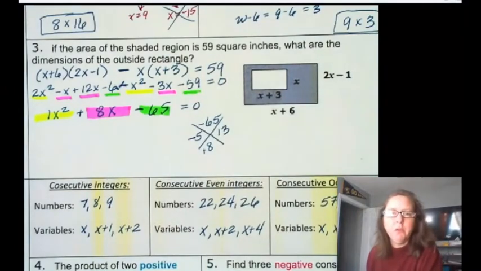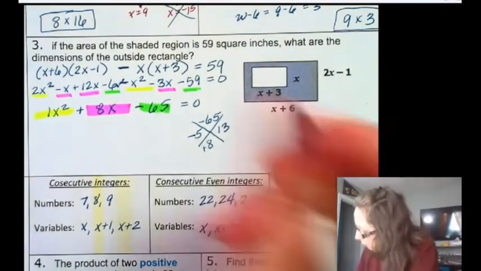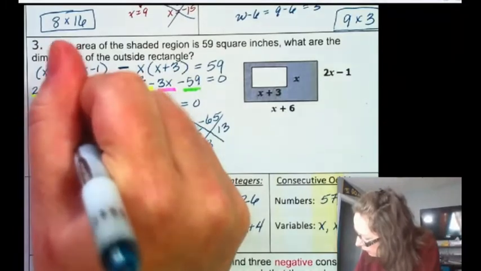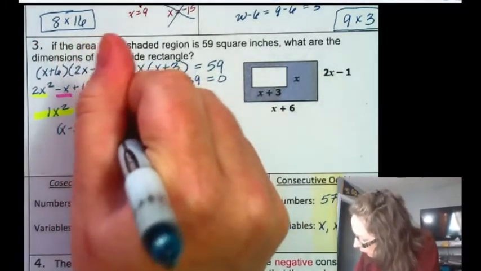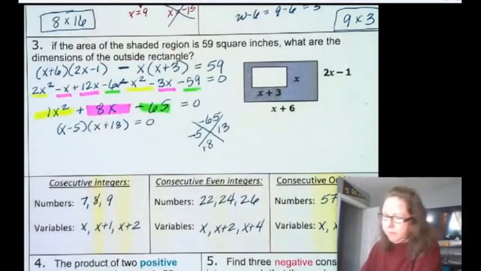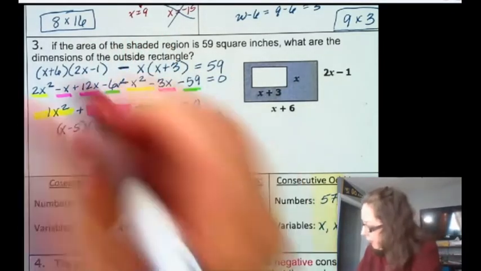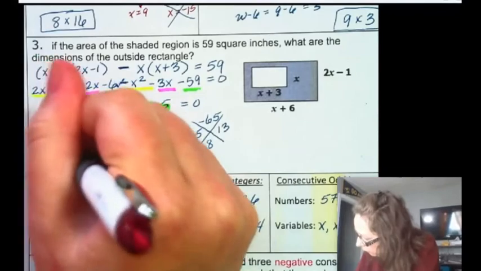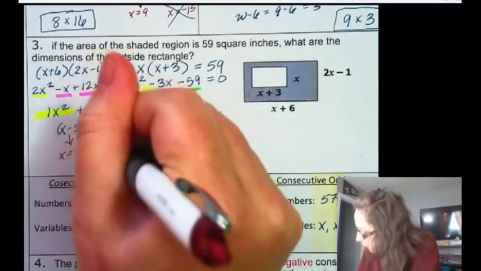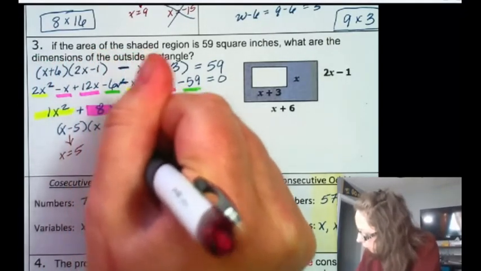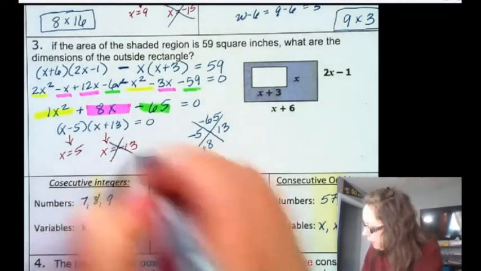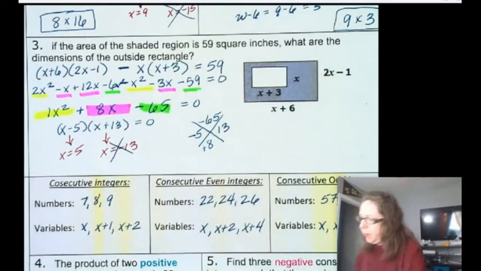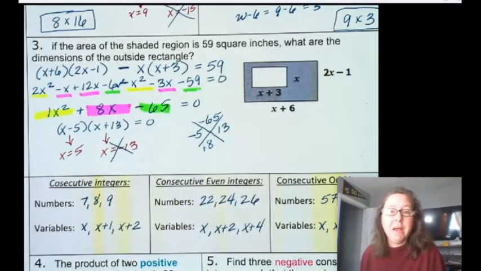Okay, so I've got my factors. x minus 5, x plus 13. Let's apply the zero product property. And of course, we're only going to keep the positive value of x. Okay, so I have found the value of x.